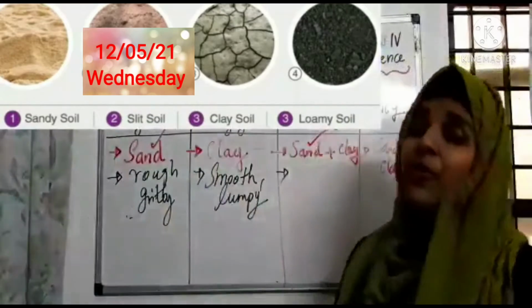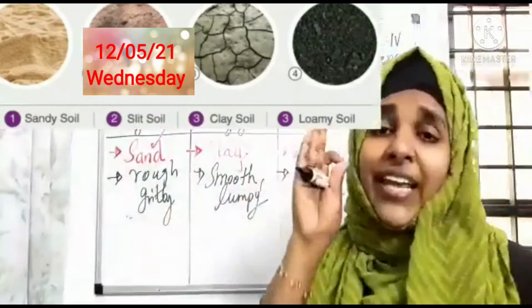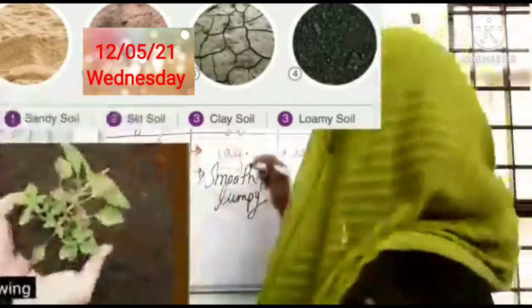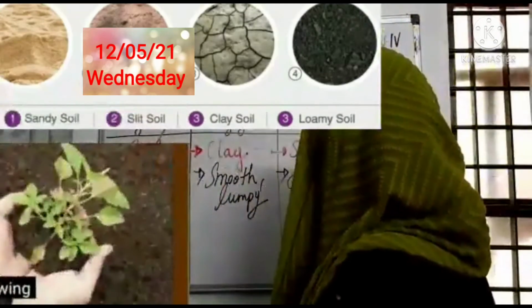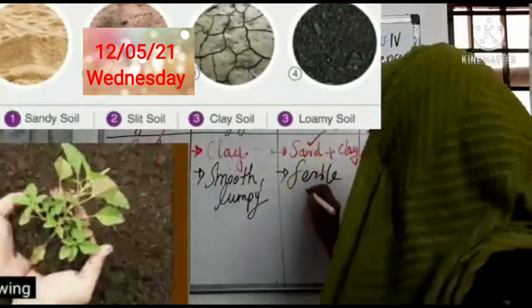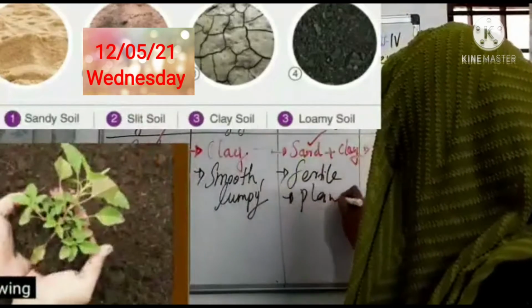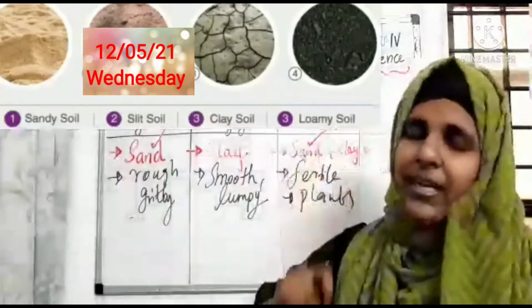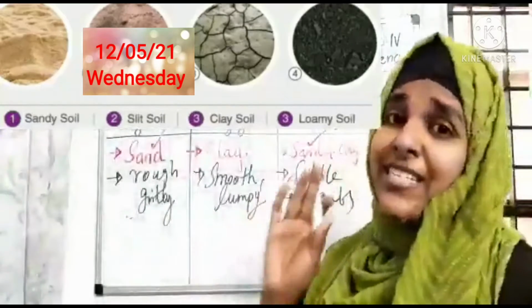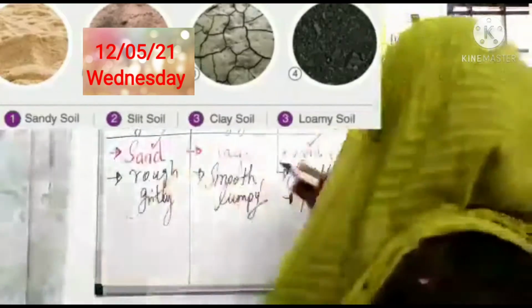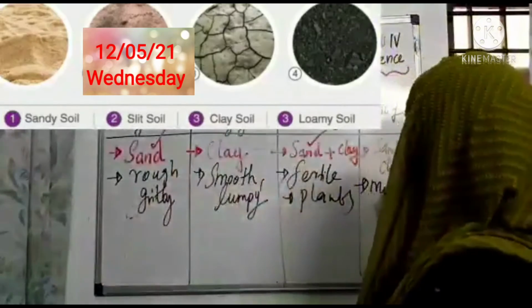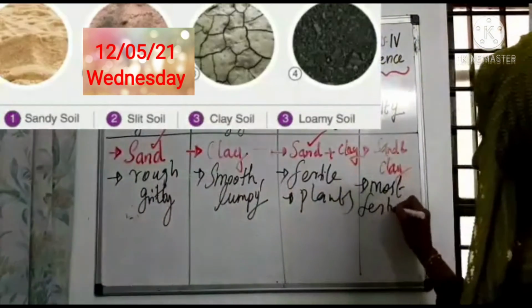Then loamy soil is very good for growing plants. It is fertile soil and good for growing plants. Which soil, children? Loamy soil. And silty soil is considered the most fertile soil in the world.